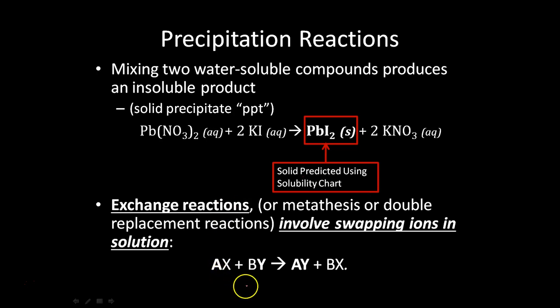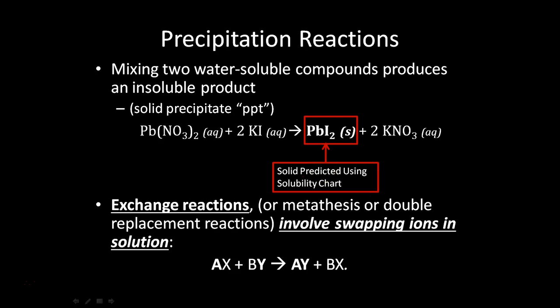It has the general form AX plus BY goes to AY and BX. You need to be able to recognize exchange reactions, and all exchange reactions have this form, and a special type called precipitation reactions will form an insoluble product in an aqueous solution.